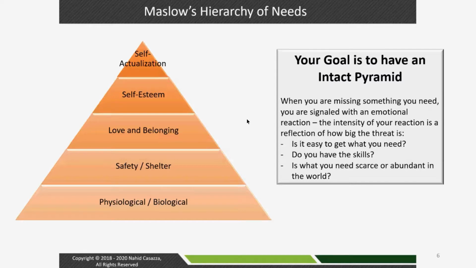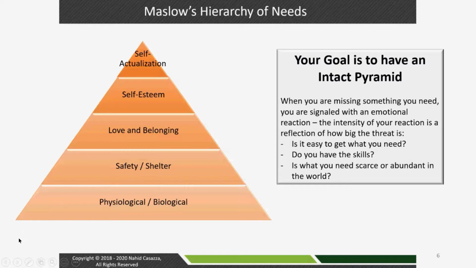It would change a lot because you'd be feeling happy most of the time, and because you wouldn't be distracted by these emotional reactions and all the stress telling you that you need to get your needs met. You'd be able to focus and you'd be able to get your work done better. So having an intact pyramid is really the key to happiness and the key to effectiveness.